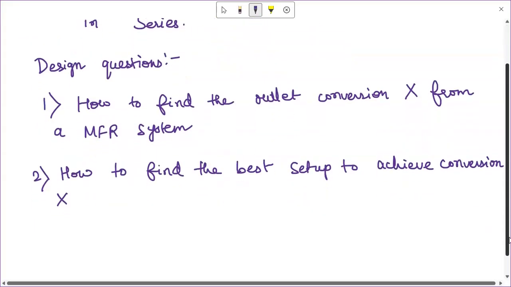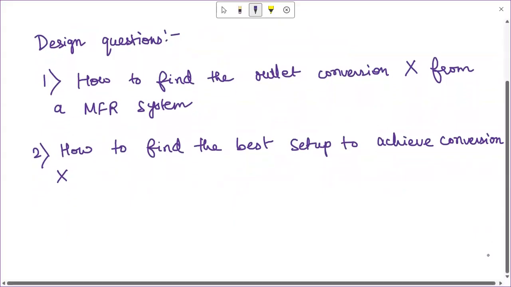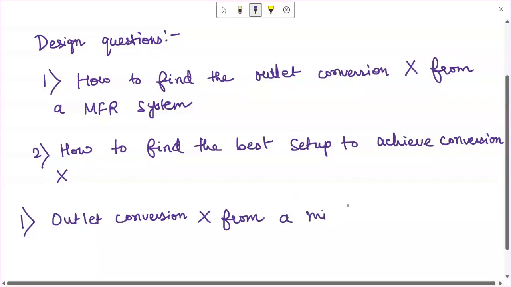So, while we address these questions, let us come to the first question. How to find the outlet conversion X from a mixed flow reactor system?